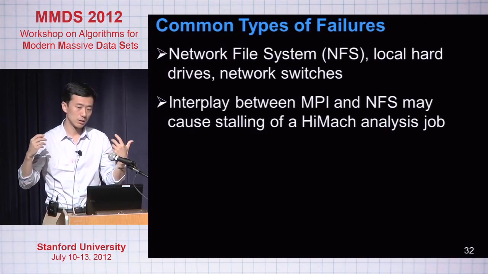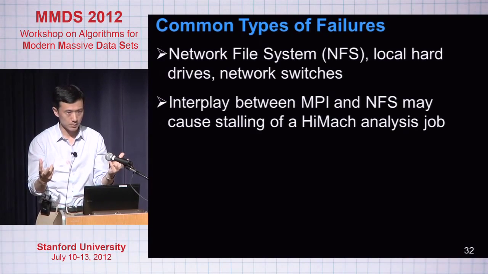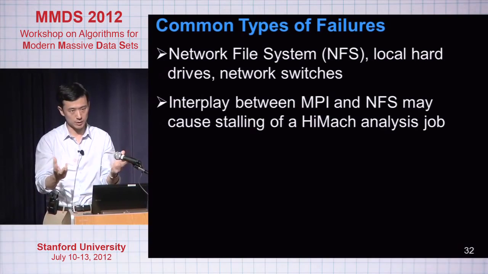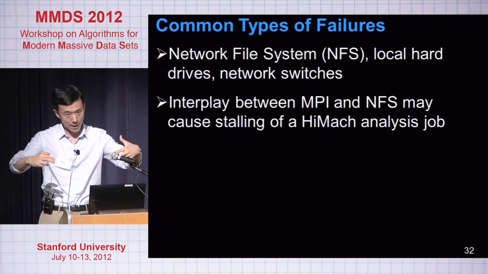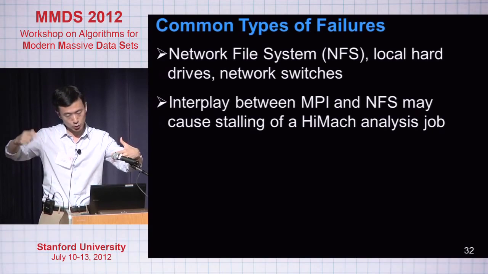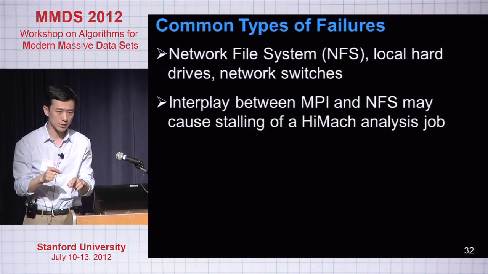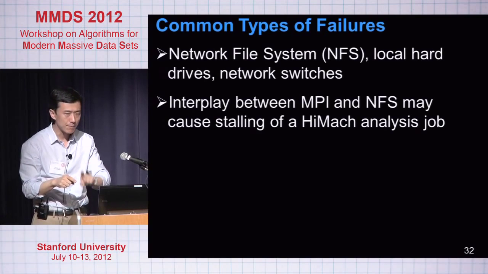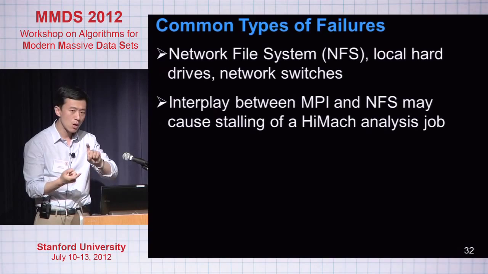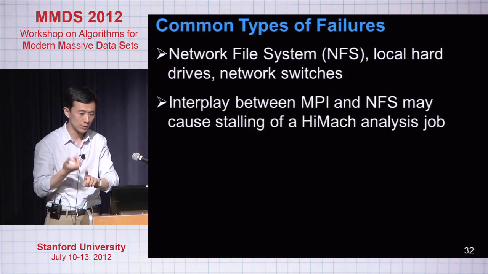So from the system's perspective, everything was normal, but from the user's perspective, the job just stalled. Because at one point they enter a collective operation like a global barrier, but some of the nodes are stuck on network access. So that led us to realize there's an interplay between the underlying assumption of MPI collaborating processes and the external effect of file access related to NFS mounts.